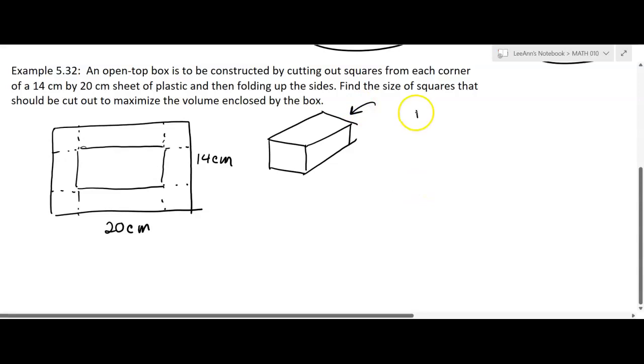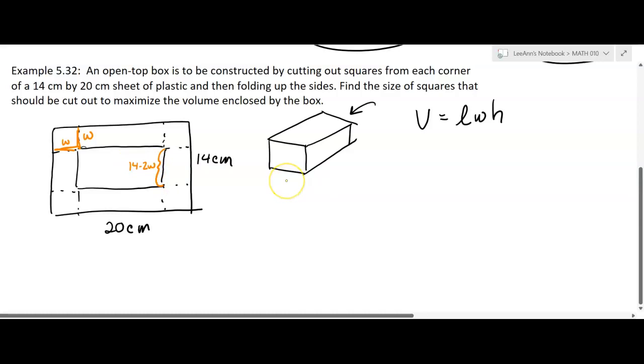Well, we have to know volume then. Volume is length times width times height. We're trying to figure out how much to cut out. So we're going to say that this square here is W by W. We're just going to use W, okay? And that's for each of them. Well, then that means that this side here is 14 minus 2W.